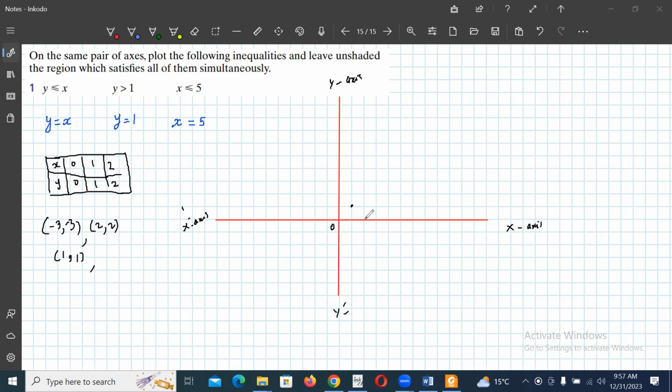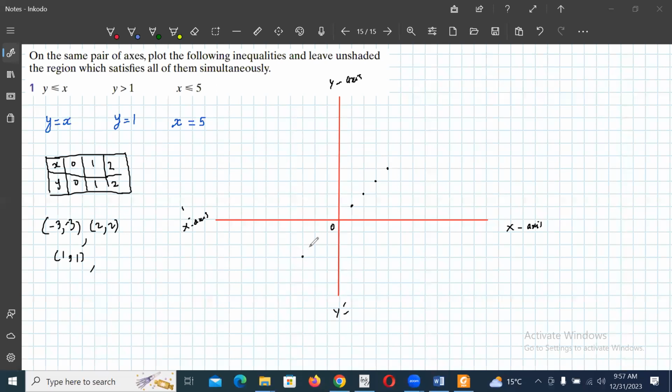Each box I'm considering 1. Like 1, 2 along the y-axis up, same as 3, 3. This is the point. 4, 4: 1, 2, 3, 4. So this is point 4. I hope these points are enough. But for a line, we need at least 2 points, and then you just extend your line. If you want to see negative 3, negative 3, we can say 1, 2, 3 left and 1, 2, 3 down.